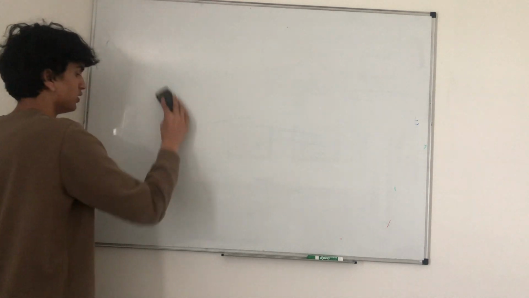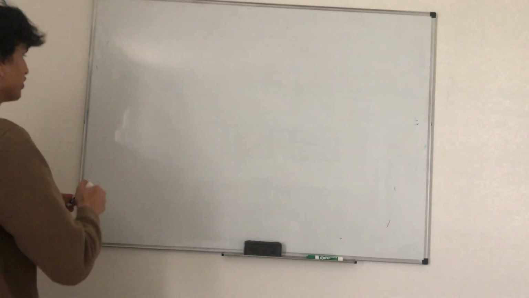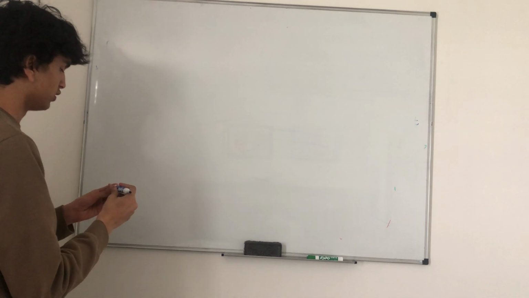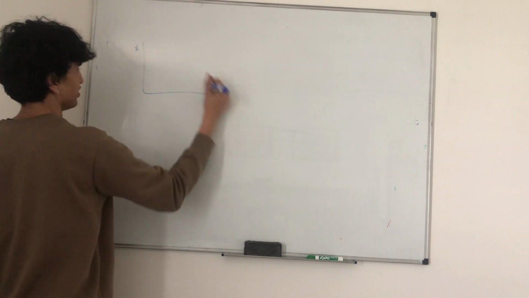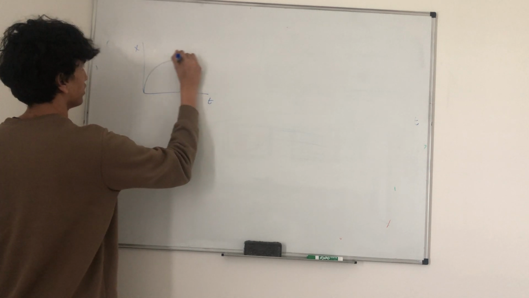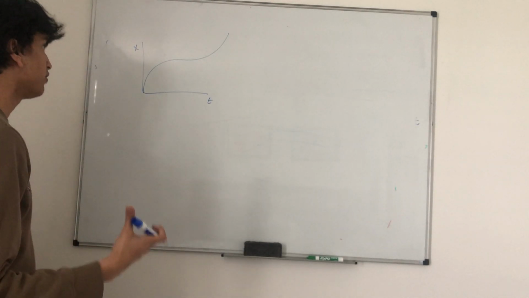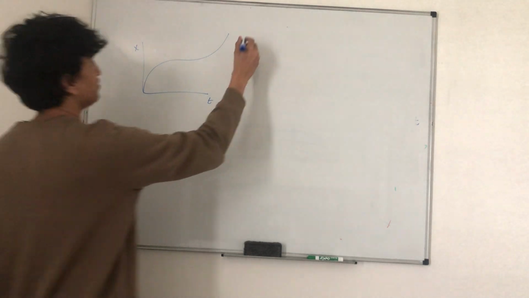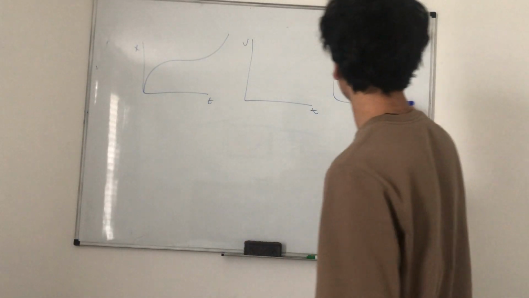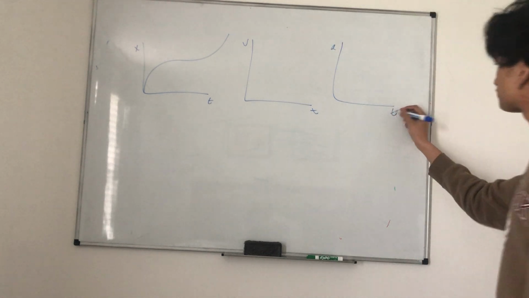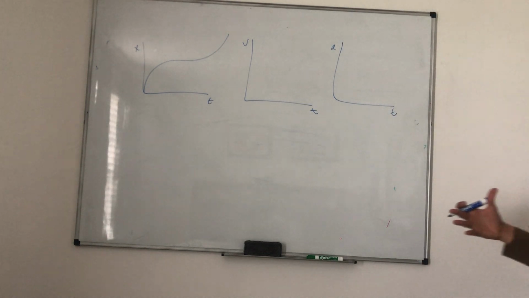So let me just see. Oh, one other thing I forgot to talk about. Another very important skill: if they give you a graph like this, you've got to figure out how to draw the rest. My best advice for graphs like these is just look at the slope.